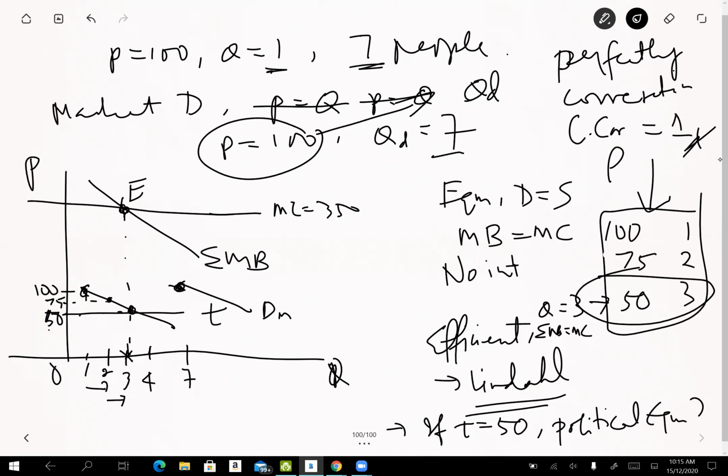All right? Now, if I increase to 4, then what is the outcome? Look at the graph. When Q equal to 4, how many people will vote yes? How many will vote no?